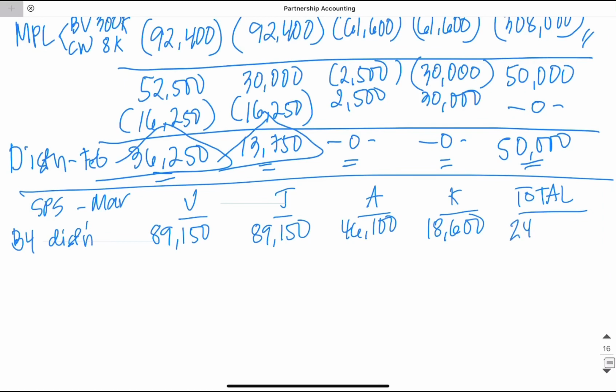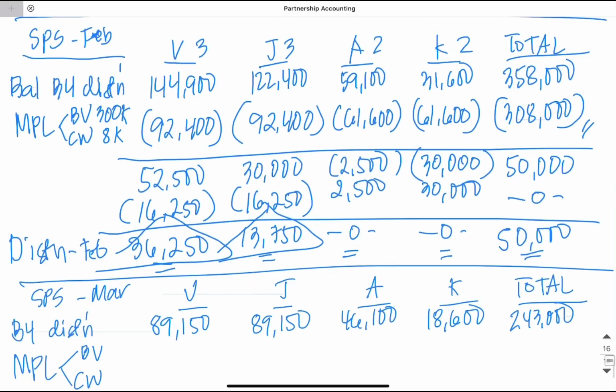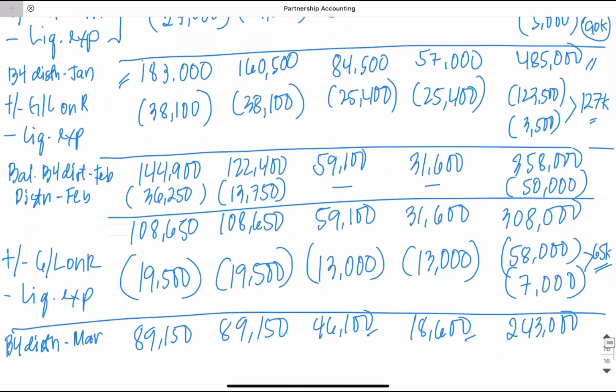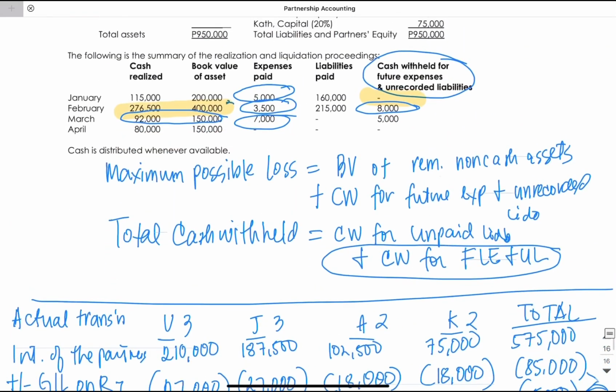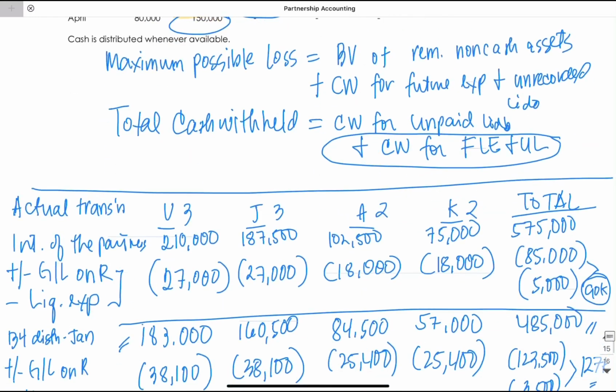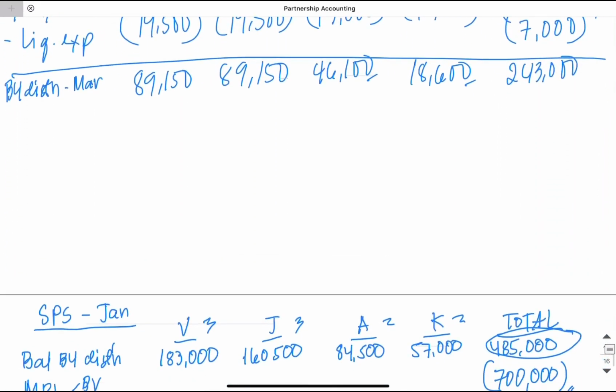Now, we would need to determine again the maximum possible loss: book value and cash withheld for future liquidation expenses and unrecorded liabilities. For the month of March, after selling another 150,000, the only remaining amount would be 150,000, the book value of the remaining non-cash assets.